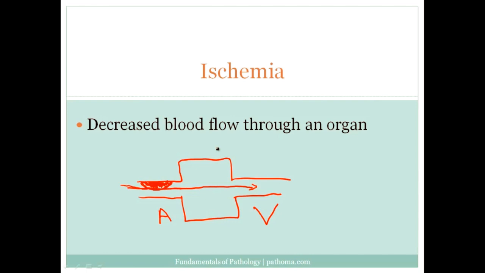It's a common principle in pathology. It's going to result in many disease processes. For example, when there's atherosclerosis of the coronary artery, that results in angina or episodic chest pain. But we don't need to worry about those details yet. We'll get those later. The idea here is that atherosclerosis of the artery would result in decreased blood flow through that organ. I think we all have that down.